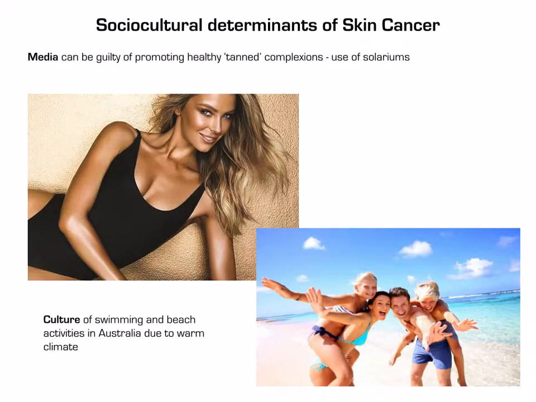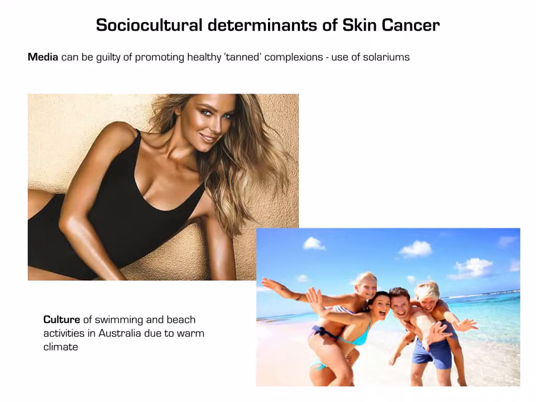The sociocultural determinants of skin cancer include those social and cultural factors that may determine the tendency for someone to develop skin cancer, and the media can sometimes be guilty of promoting a tan complexion as a healthy complexion, and this can promote the use of solariums and young people sunbaking outside.